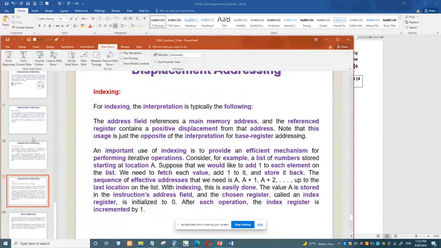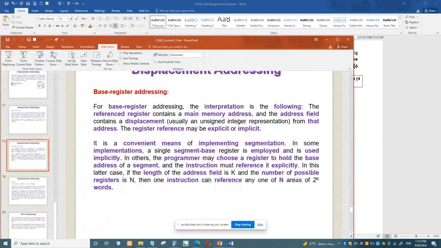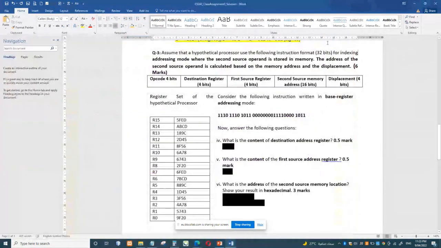In our base register addressing, the register contains the memory location address.